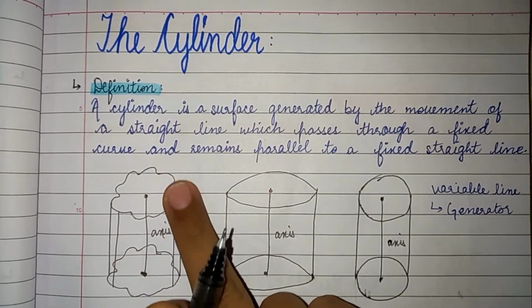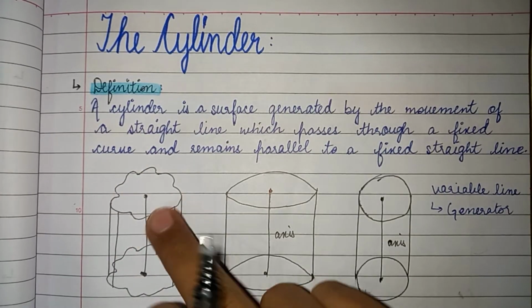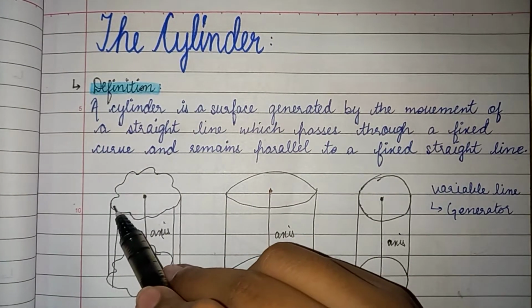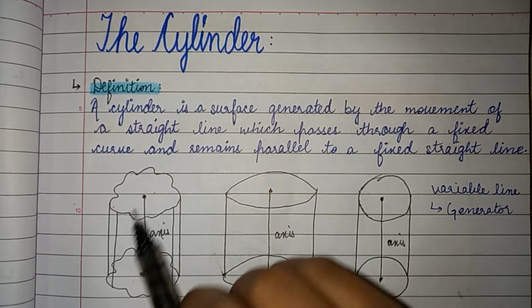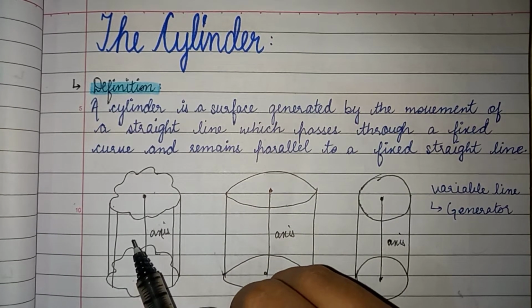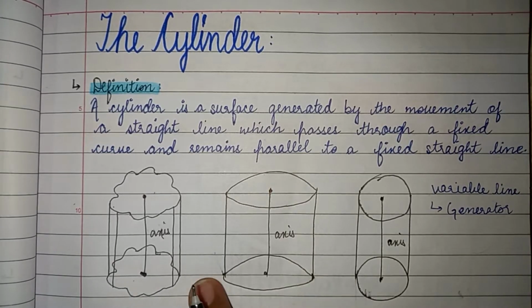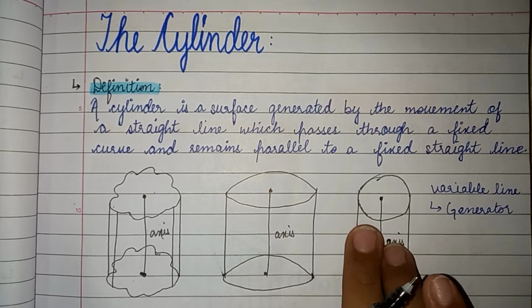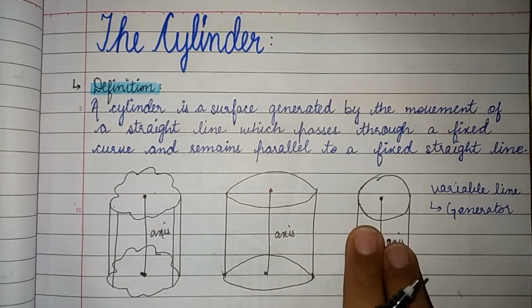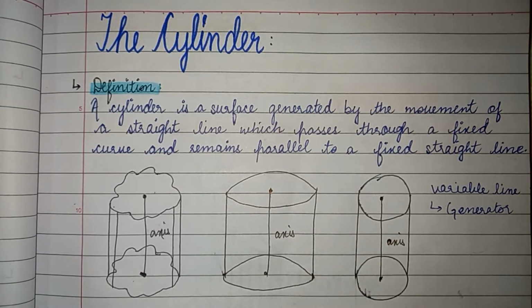It can be any irregular shape also, but this curve and this curve should be of the same size. It can be an ellipse, it can be a circle, it can be anything. So these types of 3D figures are known as cylinders.